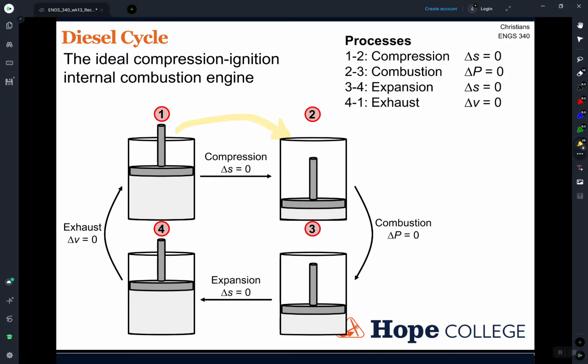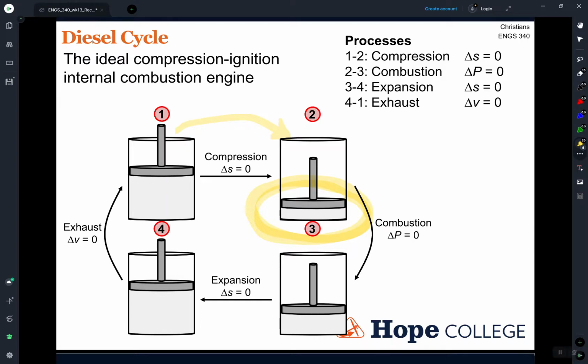And what that does is gives us a higher temperature after the compression here at 2. We design a diesel engine so that it gives the right compression ratio where when basically our hot gas here at 2 is just going to spontaneously combust. So in an Otto cycle, we have a spark that leads to combustion.